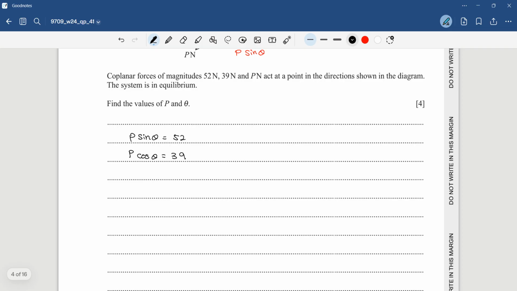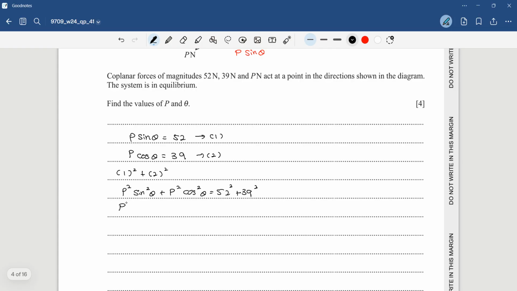Okay, so we find the P first. Let's say this is equation 1 and this is equation 2. So 1 square plus 2 square. So it's going to be P square sine square theta plus P square cos square theta is equivalent to 52 square plus 39 square.